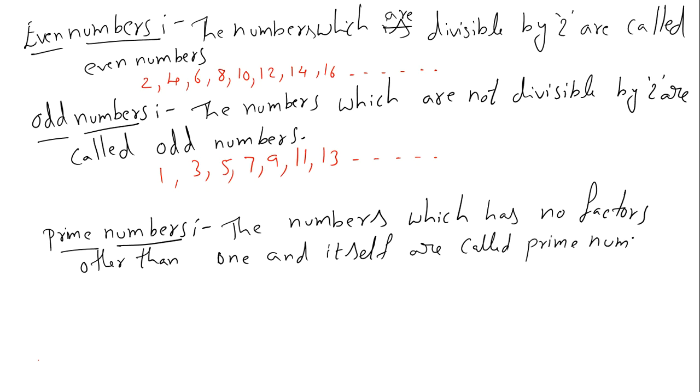The numbers which do not have factors apart from 1 and itself are called prime numbers.